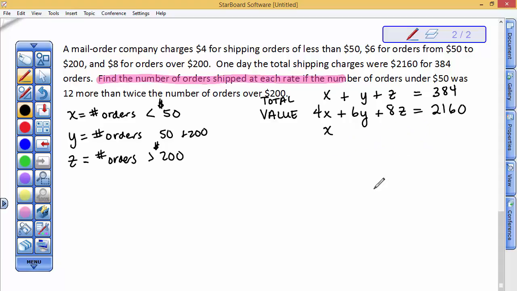I'm going to move this equation down. So it's x equals 12 plus 2z, and I'm going to subtract 2z from both sides. So I'll have x minus 2z equals 12, that number 12 right here. And now this is in standard form.